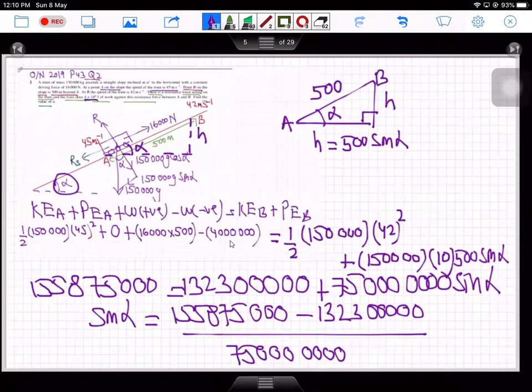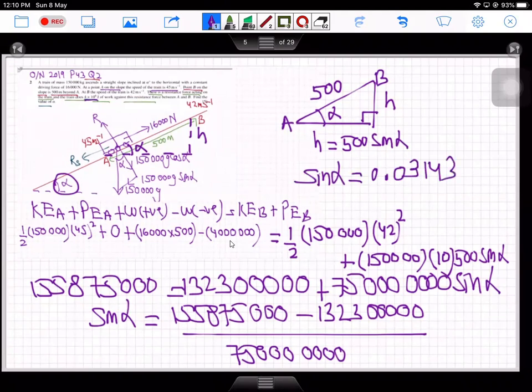So 155,875,000 minus 1,323,000,000, all right, and then divided by 750,000,000. The value of sine alpha is 0.03143.